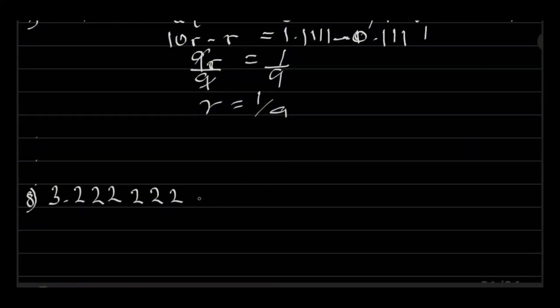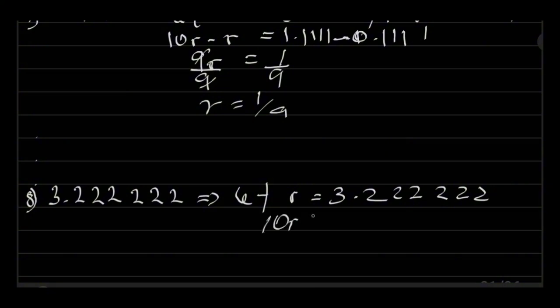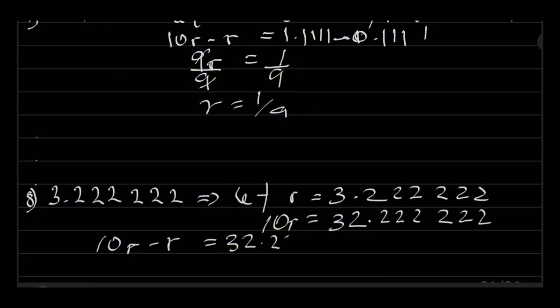Let's try the same for this. So let r equal 3.222222. Then 10r will be equal to 32.222222. So 10r minus r implies 32.222222 minus 3.222222.